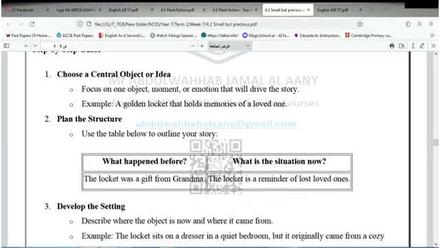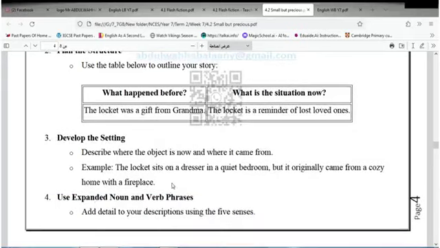And now the locket is a reminder of lost loved ones. I want to develop the setting, so I will describe where the object is now and where the object came from. For example, a locket sits on a dresser in a quiet bedroom, but it originally came from a cozy home with a fireplace.